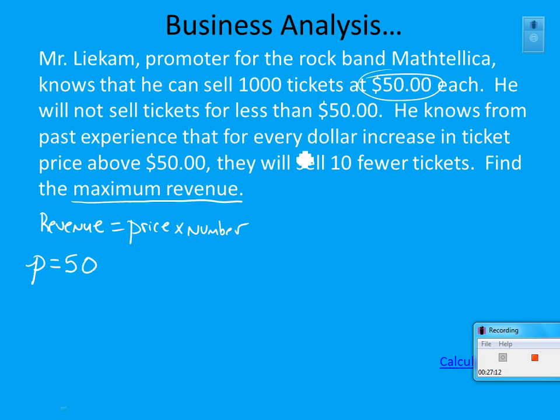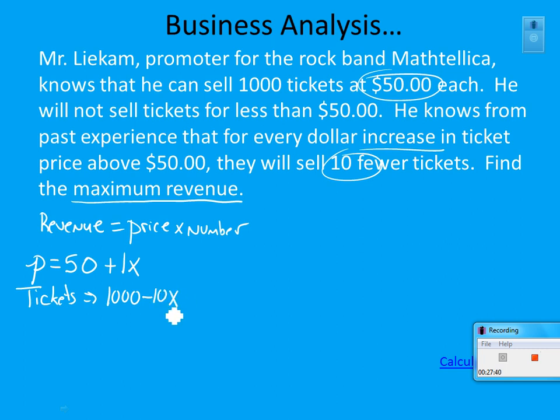And it says that for every dollar increase in ticket price, they will sell 10 fewer tickets. So every time I add $1, so 50 plus 1x, my number of tickets that I'm going to sell decreases. So my number of tickets is going to be 1,000, and I'm losing 10 tickets every time we raise the price.